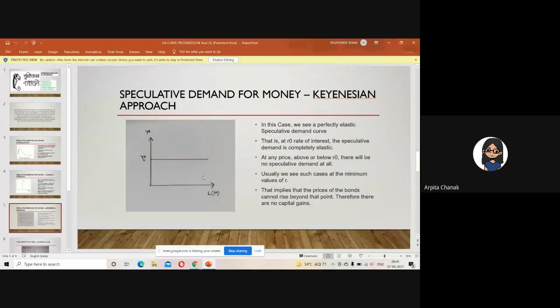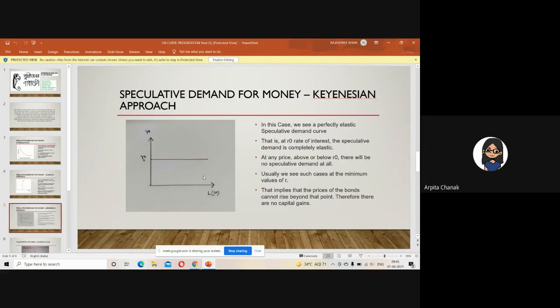Speculative demand for money, Keynesian approach. If the rate of interest is minimum and people expect it to rise in future, anticipating capital loss from bond holding, people convert their bonds into money in order to avoid future capital loss.